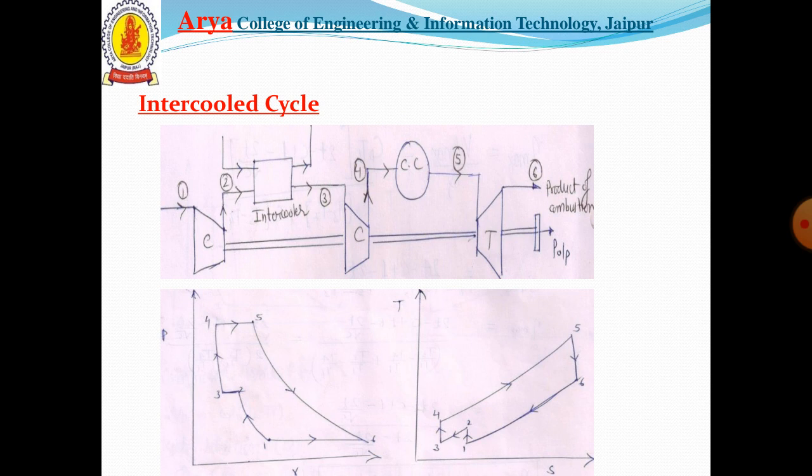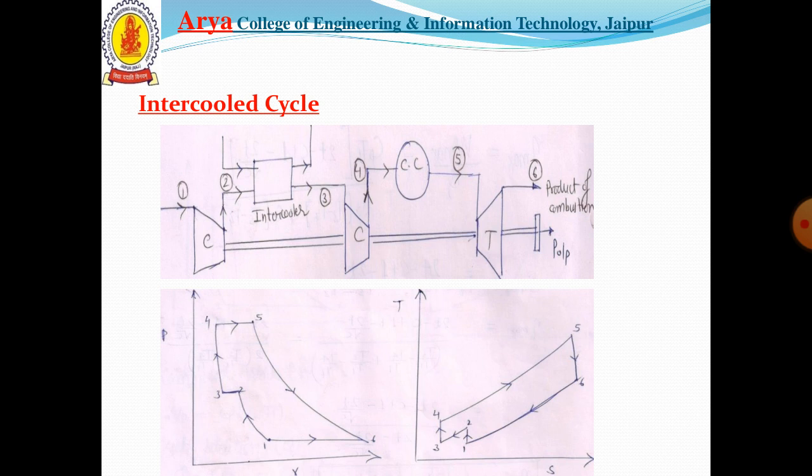The process starts with compressor 1. In process 1 to 2, the compressor compresses the air isentropically, then in 2 to 3 heat is removed from the compressed air, or intercooling takes place. Process 3 to 4 is again a compression process, the pressure reaching P4, and process 4 to 5 is the combustion process or heat addition process at constant pressure.